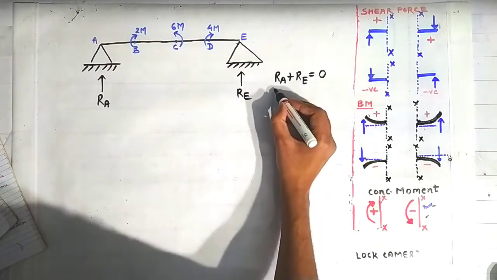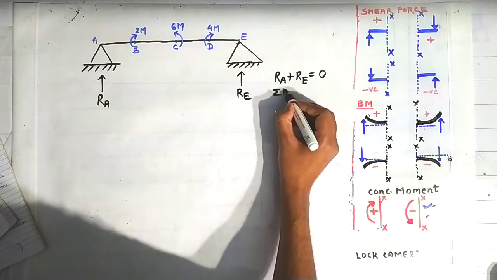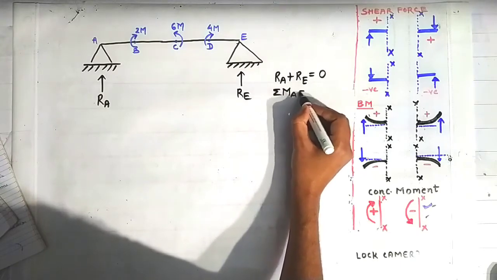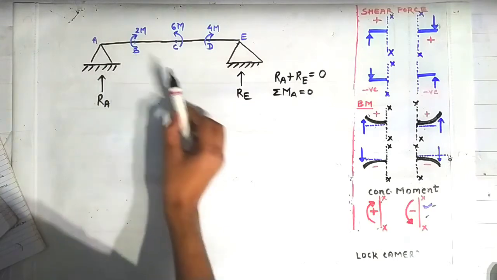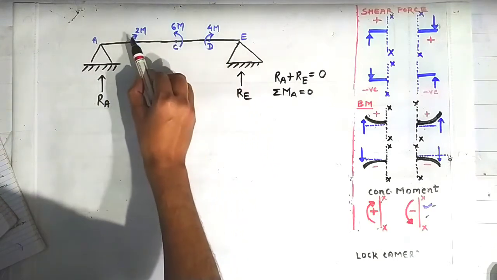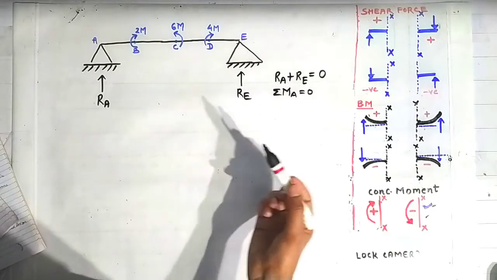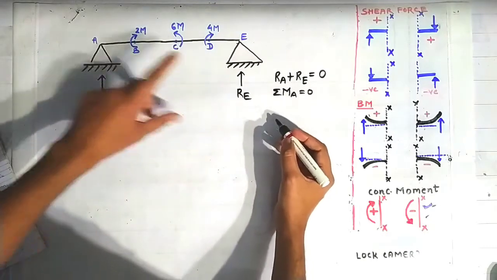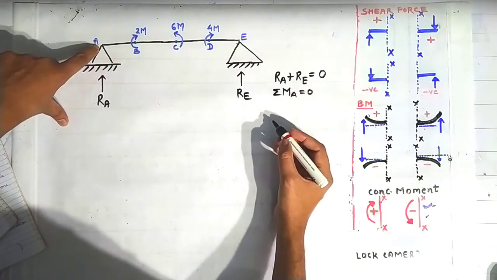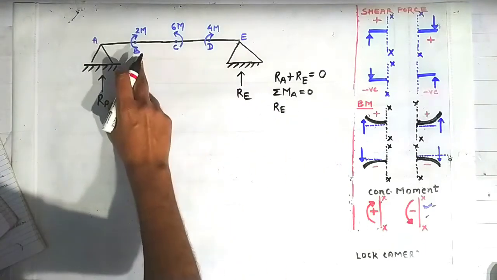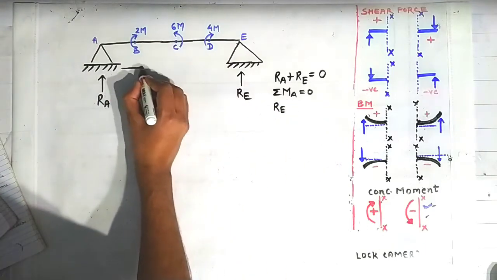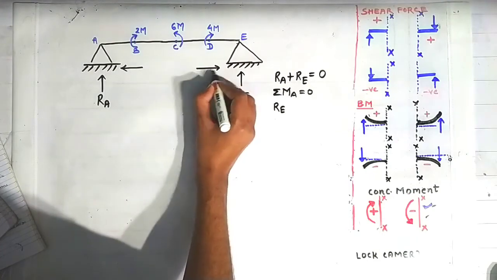And the next equation is obtained by sigma MA is equal to 0. That is, the summation of moments about point A because of all these influences is equal to 0. Because of this RE, there will be a moment about point A of magnitude RE into this distance. This distance is actually L, the total distance is L here.